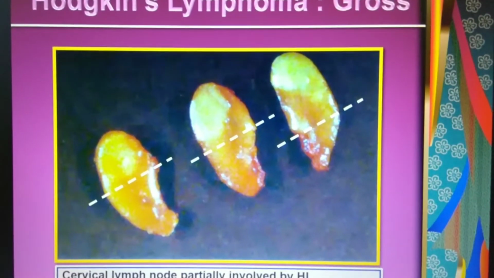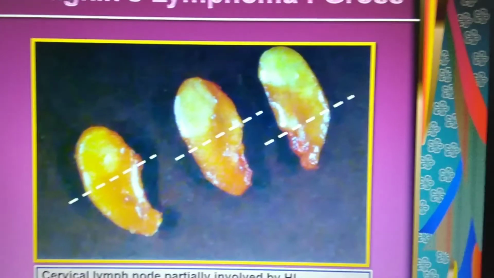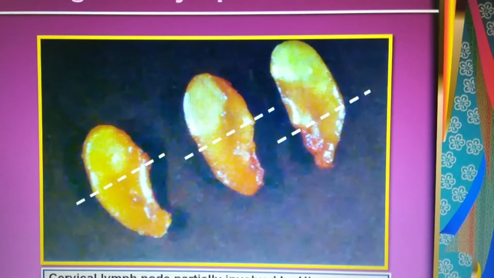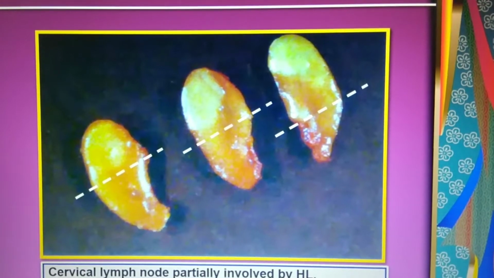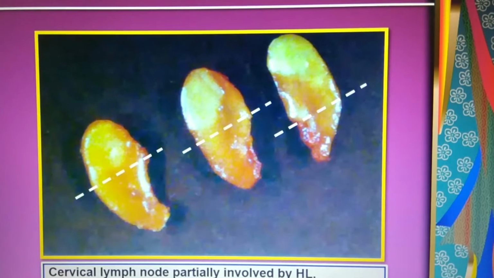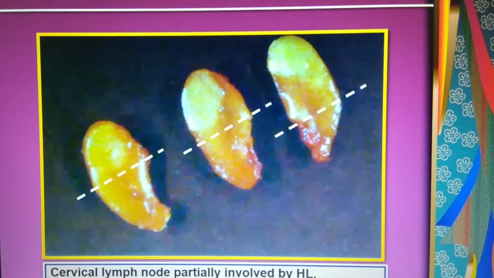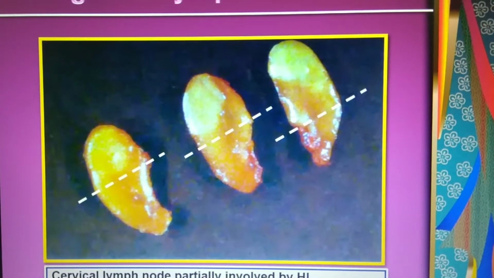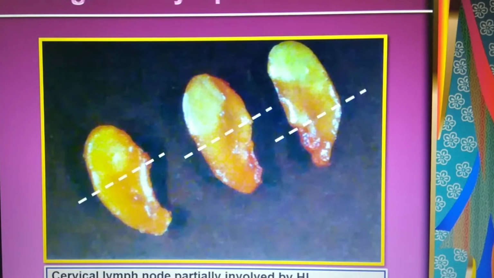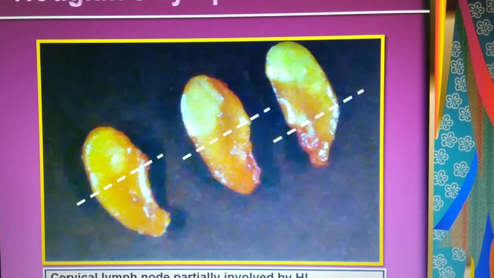Suppose there is partial involvement of a lymph node with something known as Hodgkin's lymphoma. In simple language, it's a type of cancer. The correct thing to do is to submit the entire lymph node to one histopathology lab, let them process it, let the histopathologist give his opinion, then collect the paraffin block and submit it to the second histopathology lab for a second opinion, or you may collect the slides from the first lab.